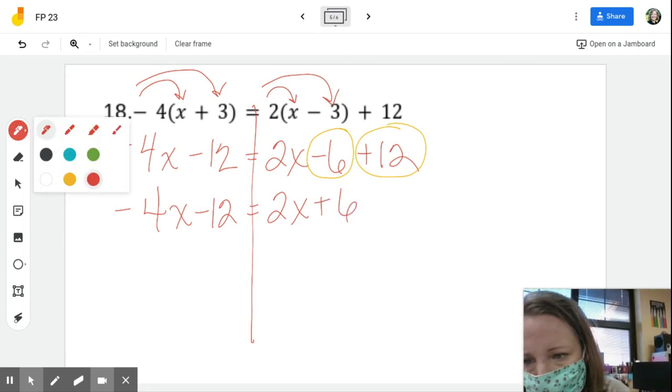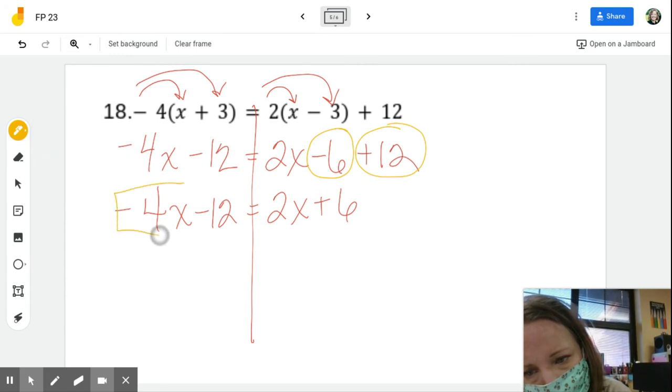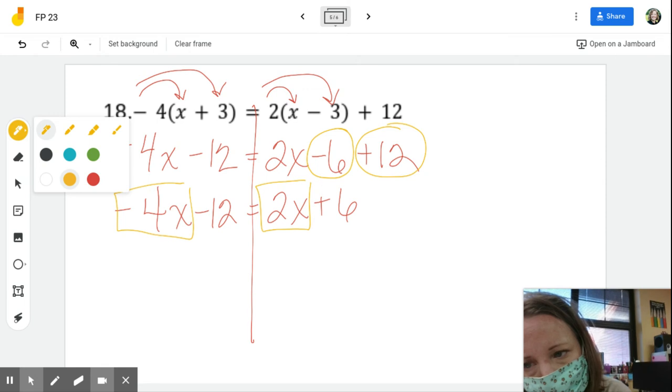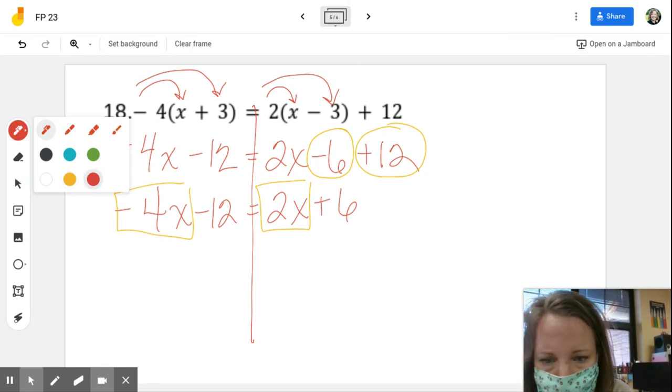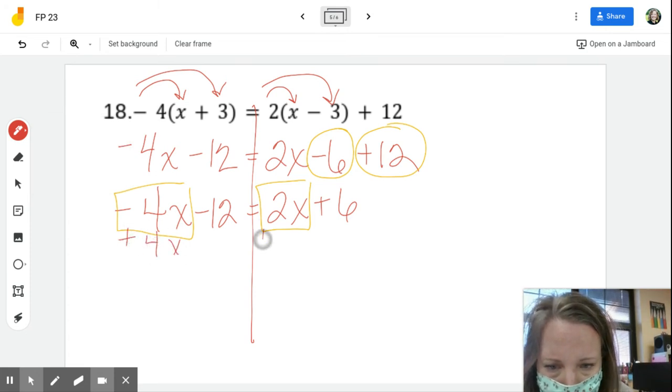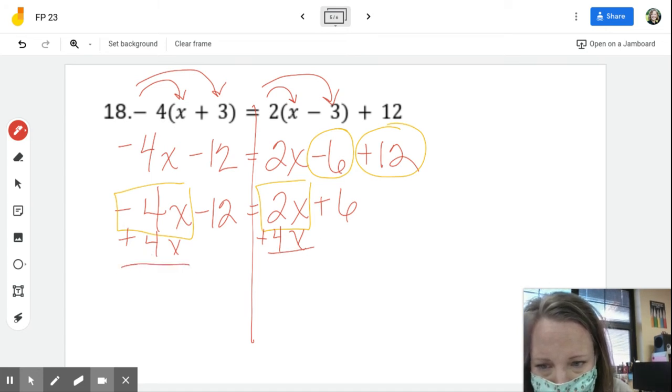Now, I'm going to work with my terms that have a variable. Let's keep things positive in our lives because we want to be positive. So we have negative 4x and positive 4x are additive inverses, so they make 0.